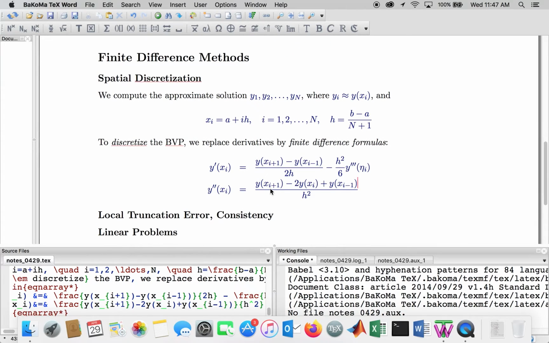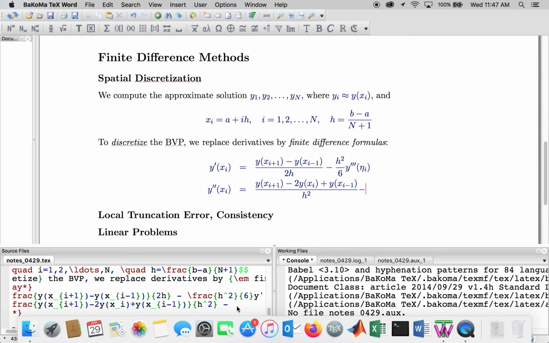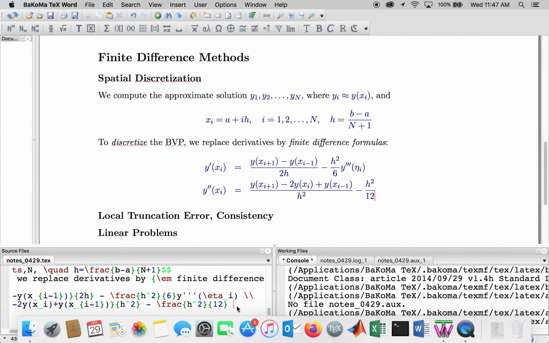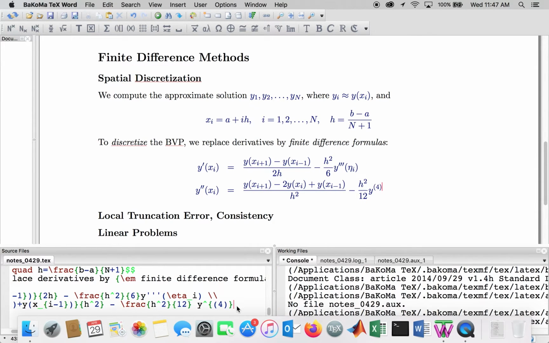So that's a centered difference formula for a second derivative, and the error is also order h squared. We could use more points to get higher order accuracy, but that would also make the method less efficient.